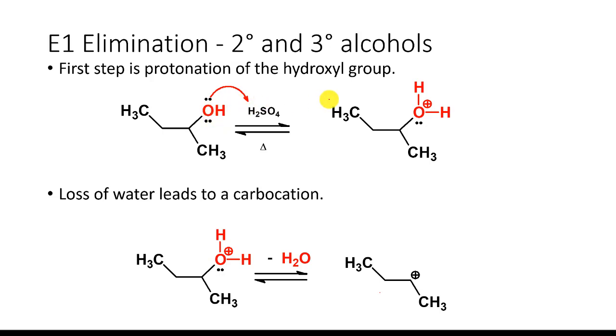We protonate, and then we break this bond to form the carbocation. And they say the loss of water because the water ends up leaving as H2O like that. So that's what this means, right?